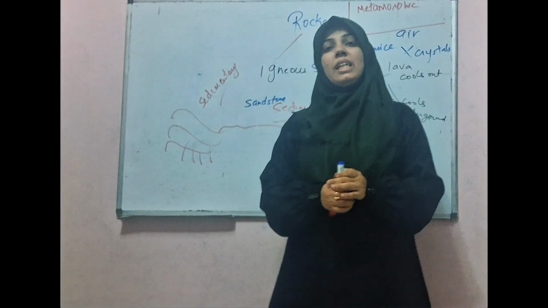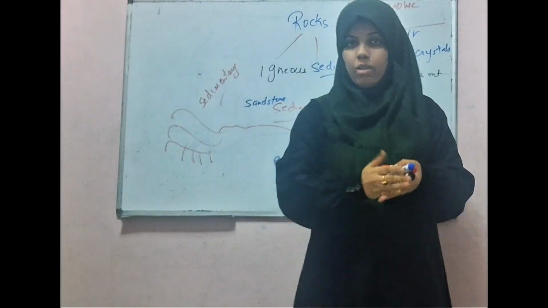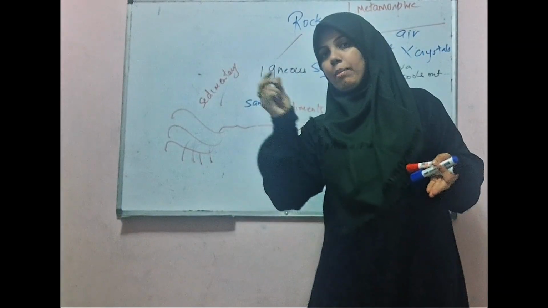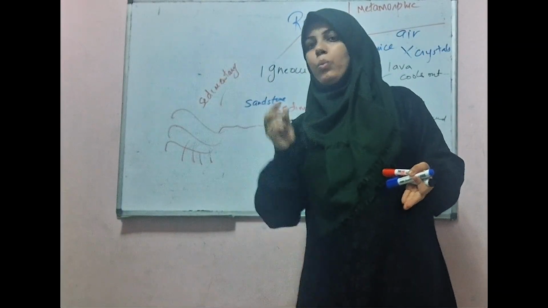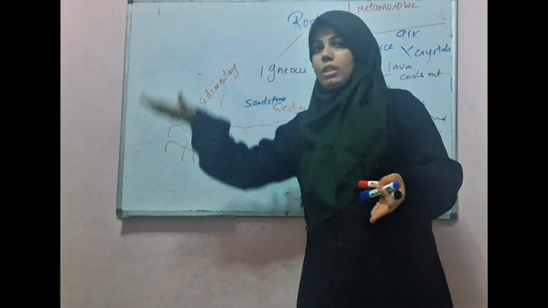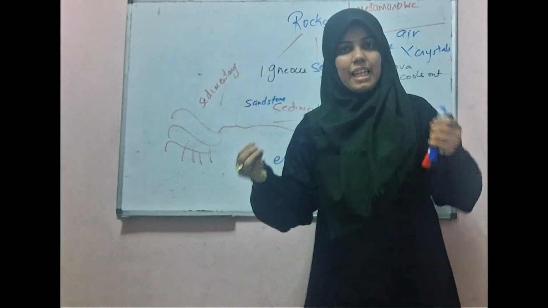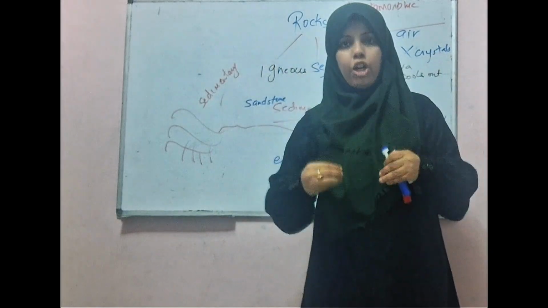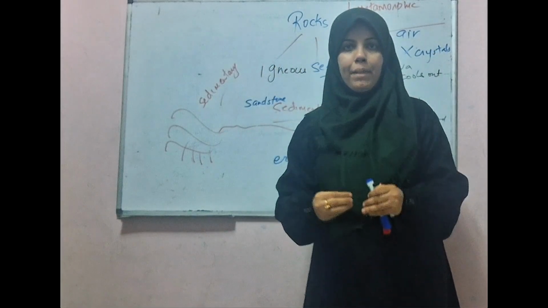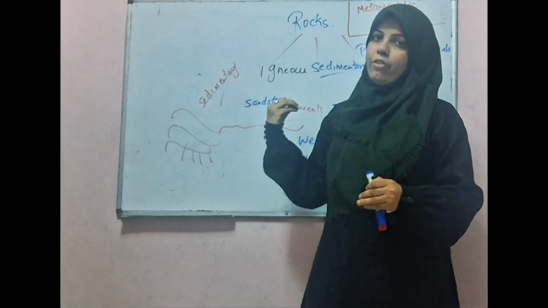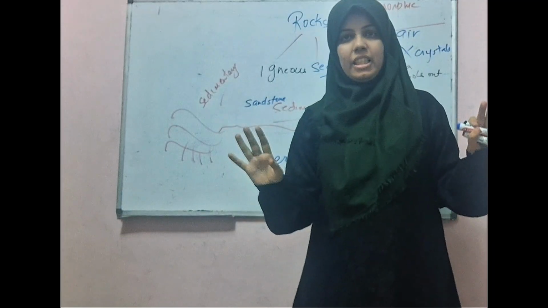Example, pumice. Igneous rock broken down becomes sediment. Sediments travel with wind and water, deposit layer by layer, called sedimentary rocks. Sedimentary rocks undergo high heat and pressure to form metamorphic rocks. Am I clear till here?